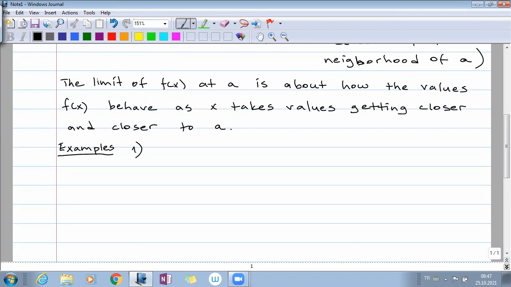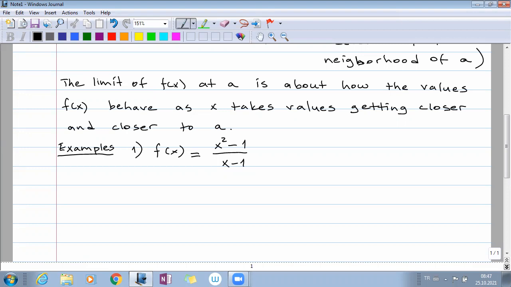So in the first example, this is a classical example. This is how we always start discussing limits. Consider the function defined by x squared minus 1 divided by x minus 1. So this is the definition of the function f.